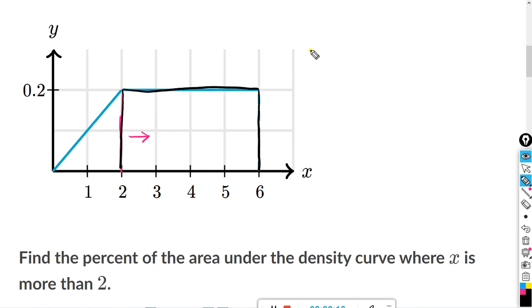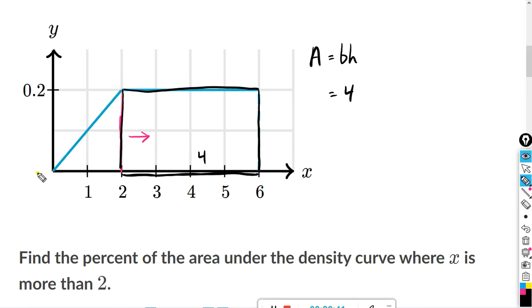So again, from geometry, the area of a rectangle, length times width or base times height, same thing. The base of our rectangle runs from 2 to 6. 6 minus 2 is just 4. So the base is 4.